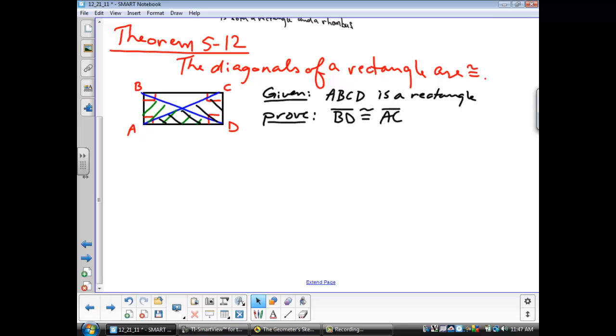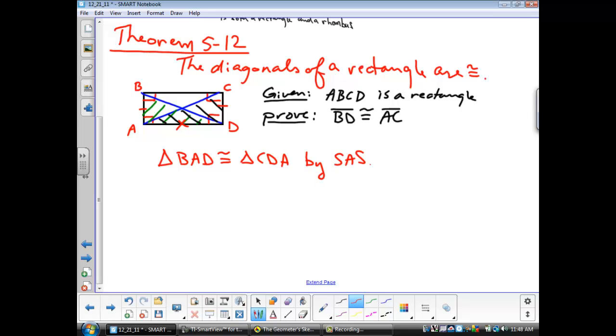They share a side. Opposite sides are congruent. And they have a right angle. So, by side angle side, triangle BAD is congruent to triangle CDA, by side angle side.